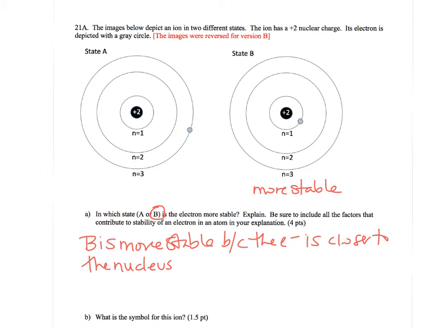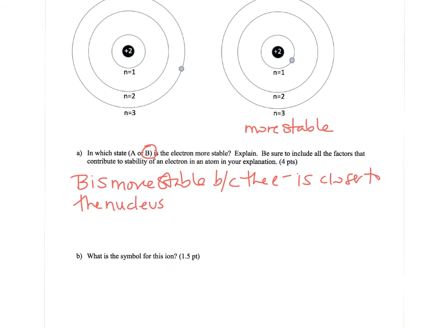And if you said something like this, and sometimes people said it several different times in several different ways, but if this is essentially what you said, this was worth about 2 of the 4 points. To get the other 2 points, you had to add a little bit more to your explanation.